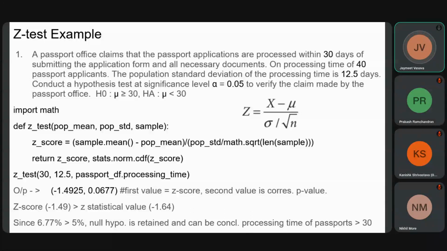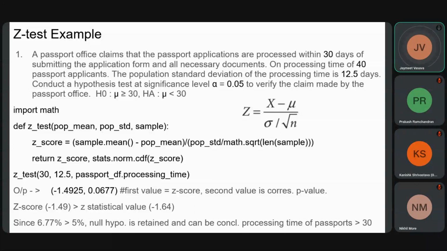So when we use the Z score for our given case, we give the argument values for a population mean of 30, standard deviation of 12.5, and our sample or the data that will be used.